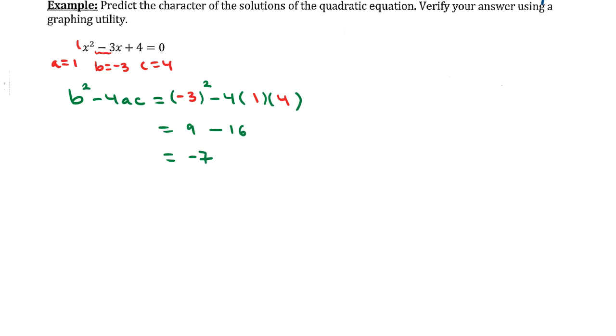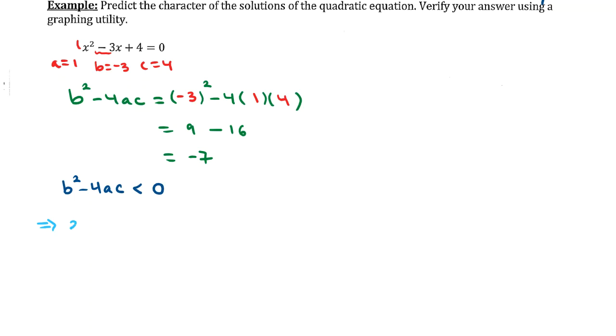Now what does this all mean? Well, in terms of the sign of b squared minus 4ac, we have a negative number. So the value of b squared minus 4ac is less than 0. And what this means, based on what's in the box up there, is that we have two complex solutions that are non-real or not real. You can write that more succinctly by writing this out.